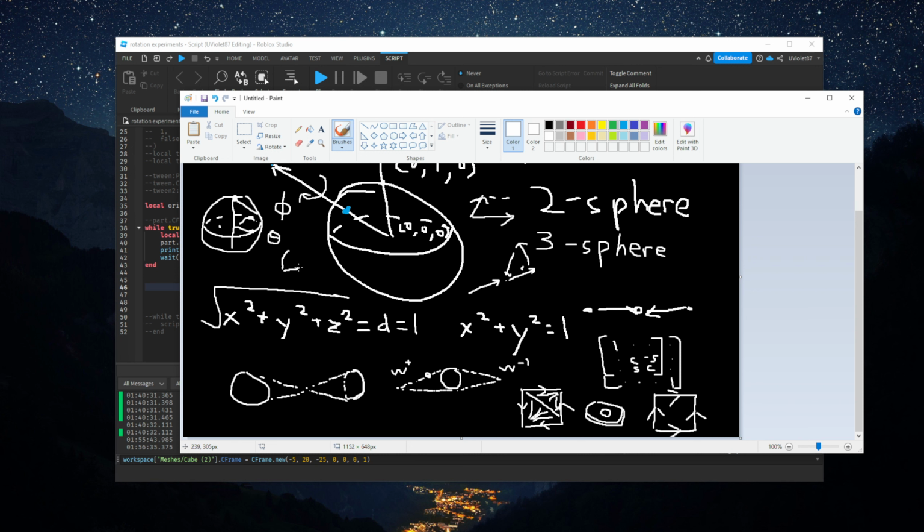So there are these weird triangles with three 90-degree turns. Normally in a triangle, the angles add up to 180, but because there's curvature, this adds up to 270.